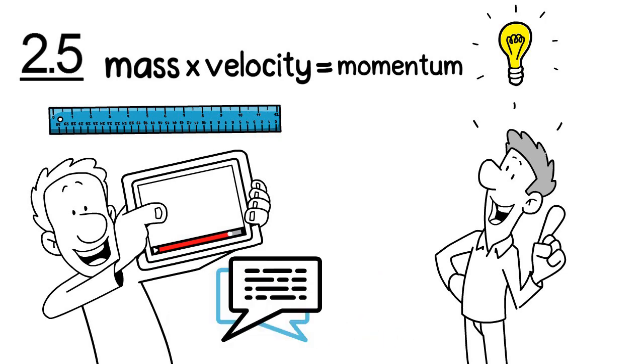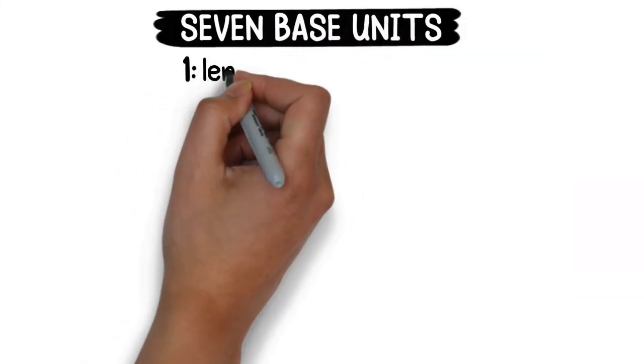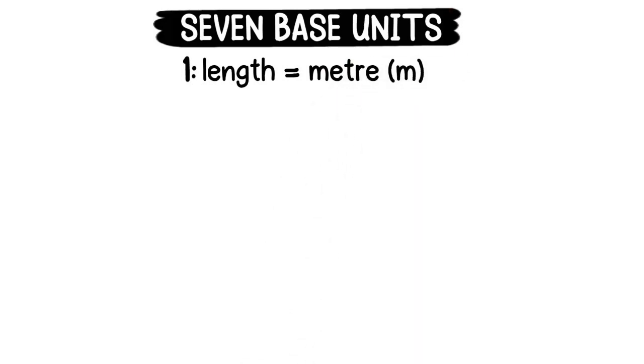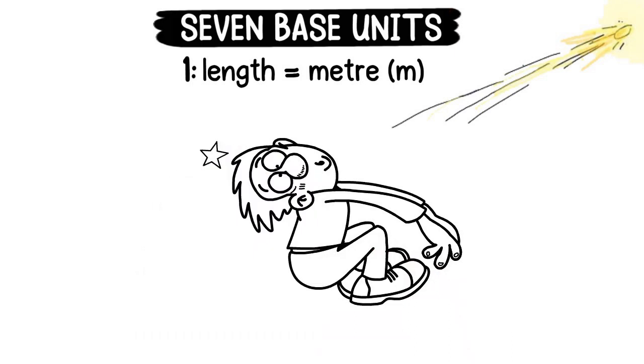Let me know in the comments below if you know of a particular limitation of this method, as I'd love to hear it. So, in total, there are 7 base units, and in no particular order, they are: the base unit of length is the metre, m. We used to have a stick in a museum to tell us how long a metre is, but nowadays it's defined as the distance travelled by light in a vacuum, in 1/299,792,458th of a second.